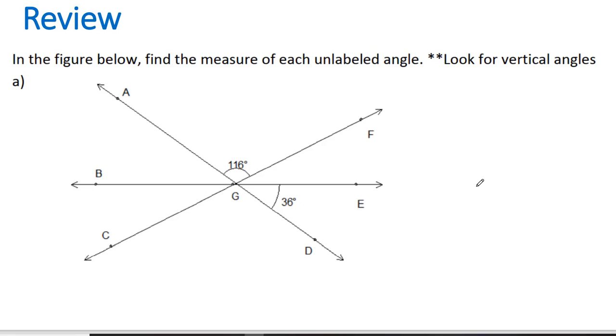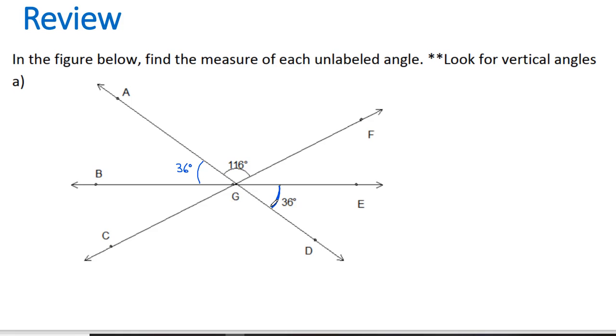In this figure, we're going to find the measure of every unlabeled angle. What we're first going to do is look for those vertical angles, those angles that are directly across and are equal angles. So our first angle here is 36 degrees. That means across from it is 36 degrees.